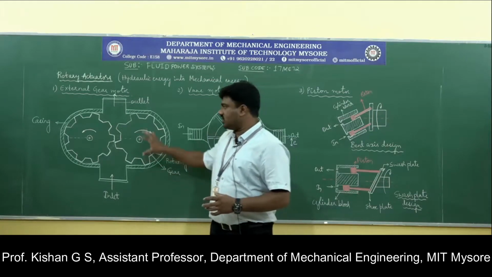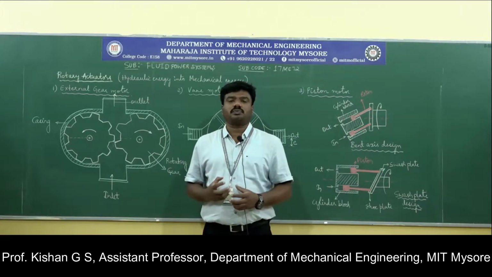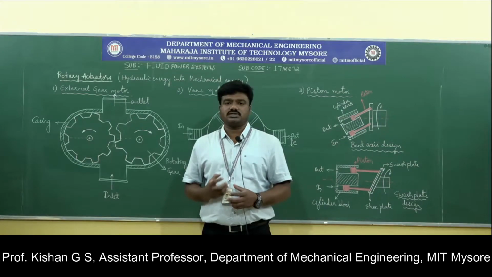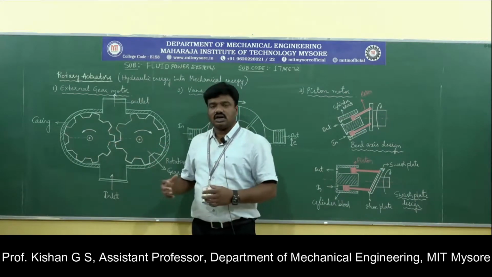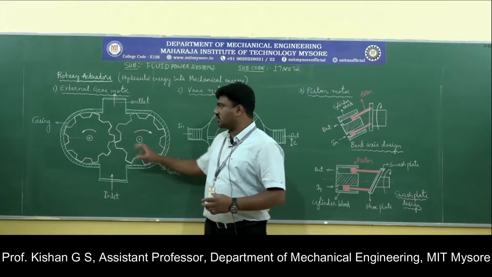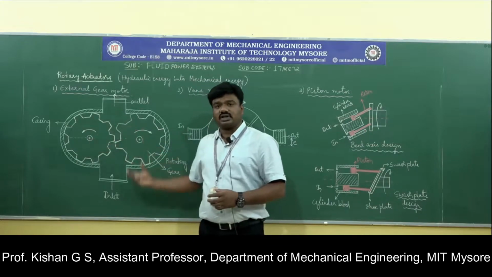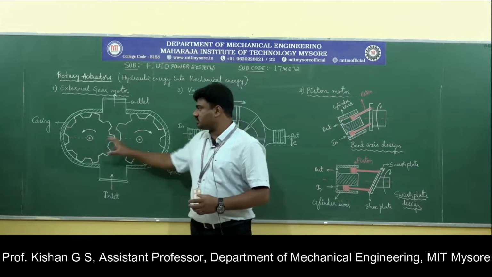The rotation of these wheels is extracted as torque output, which yields mechanical energy as output in the system. Since the gears are externally meshed and rotate in opposite directions, the pressurized fluid is the main source that results in the rotation of these two wheels.